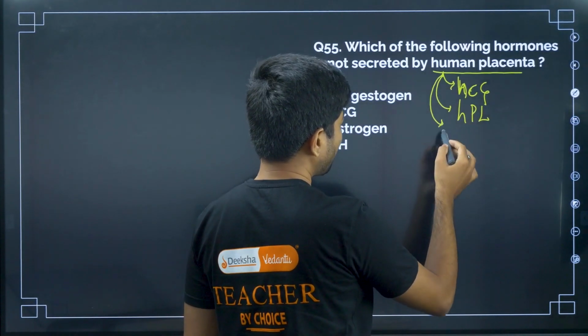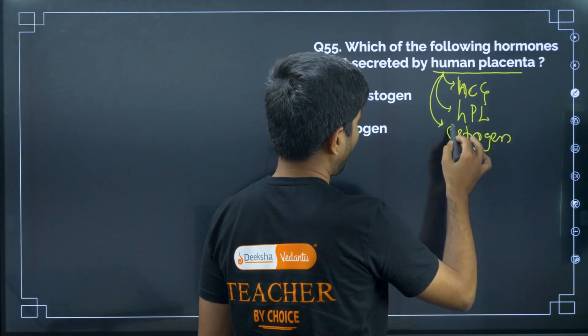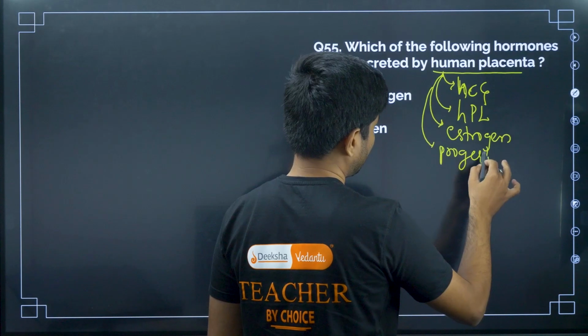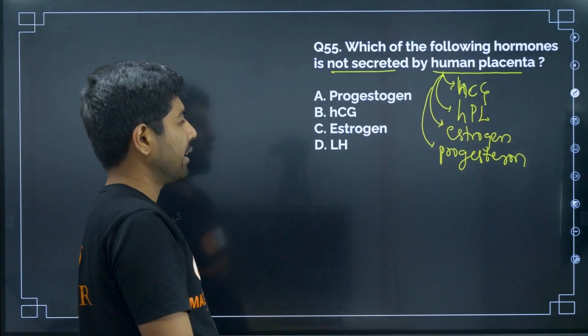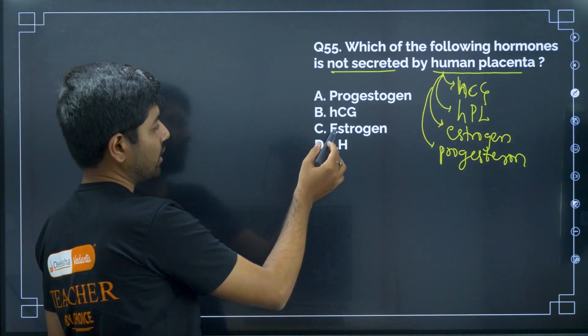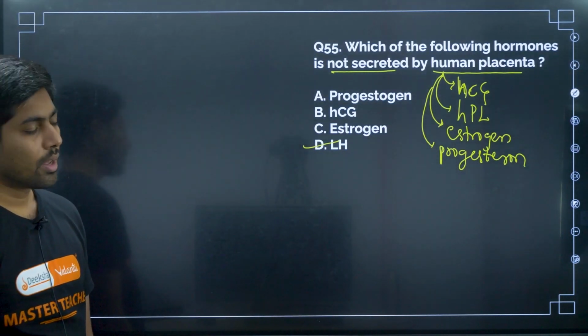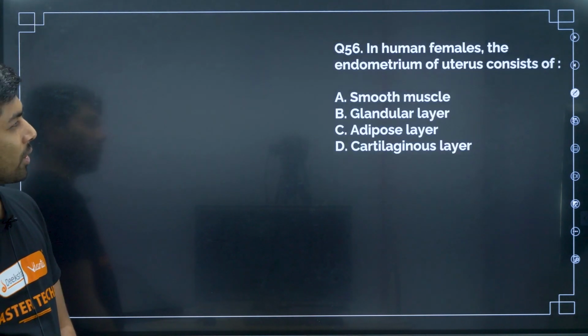It will also secrete a small amount of estrogen and progesterone. Now, which of the following is not secreted? Progesterone, HCG, estrogen are secreted by the placenta. LH is secreted by the pituitary. Therefore, LH is secreted by the pituitary and not by the human placenta.